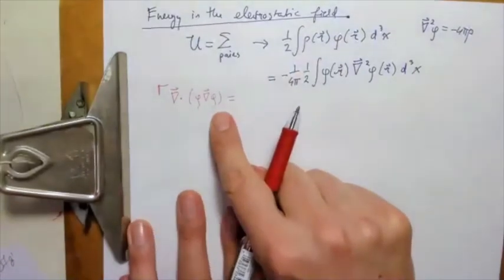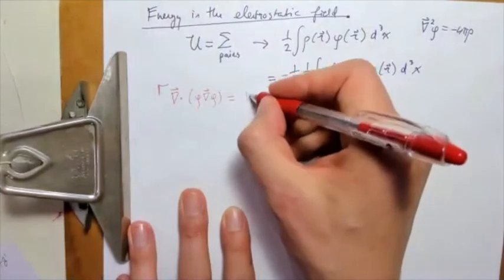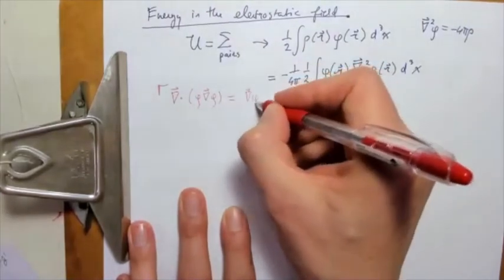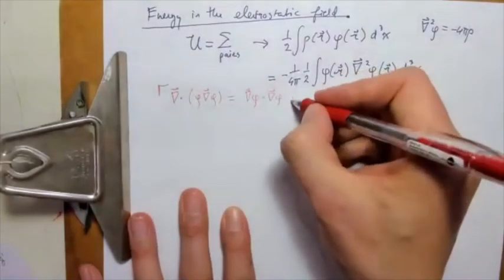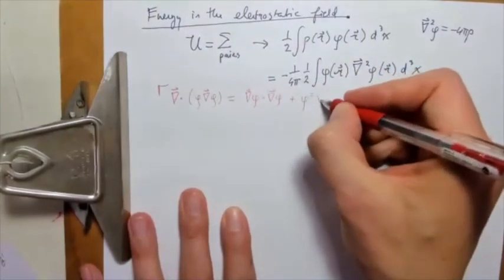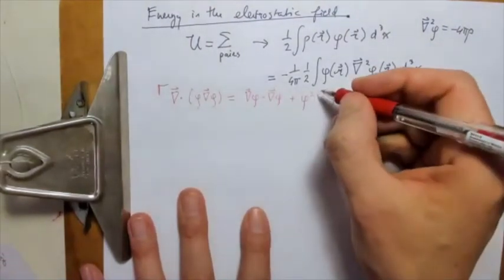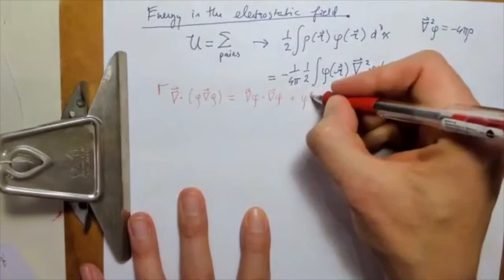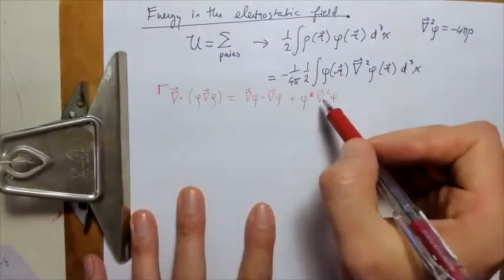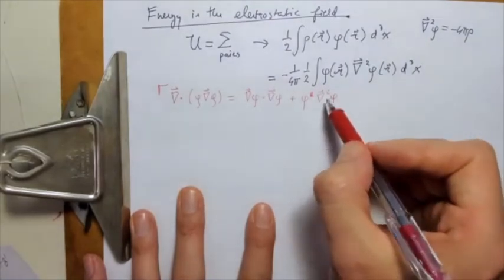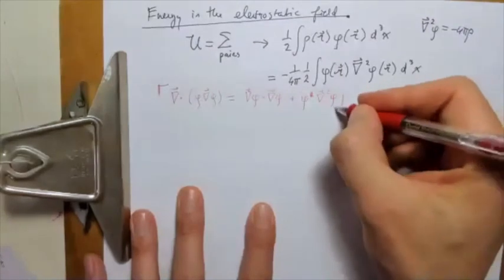Okay, now if this is the divergence of the following term, then we can write this as, you know, product rule, okay, plus, oops, there's not a square here, nabla squared of phi, right? So hopefully you see that phi nabla squared of phi, that's this term here.